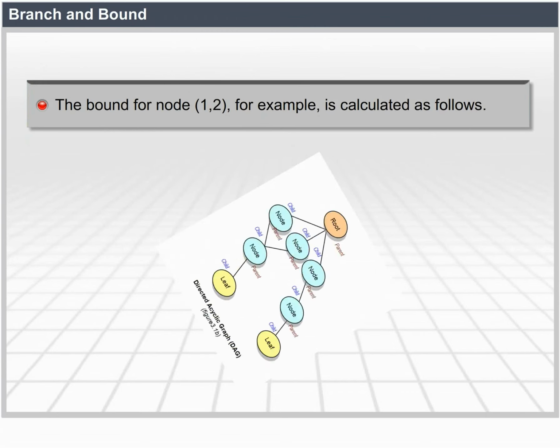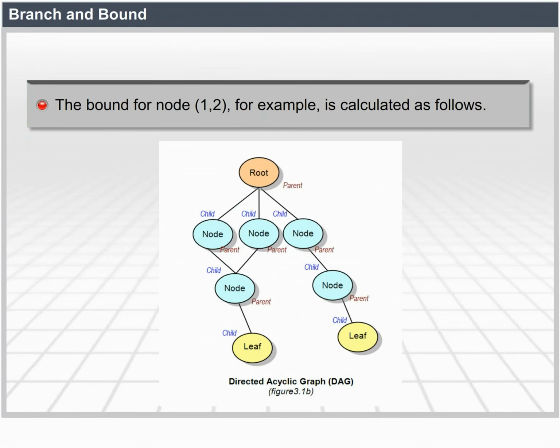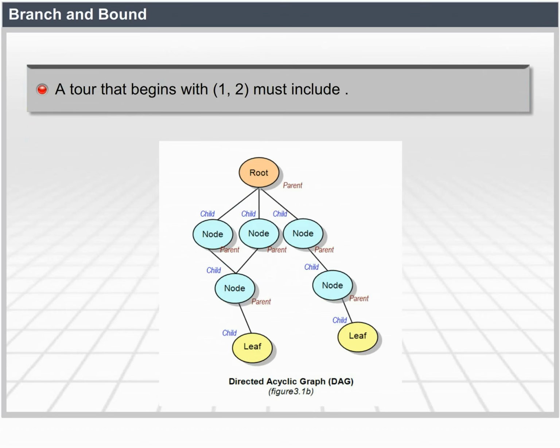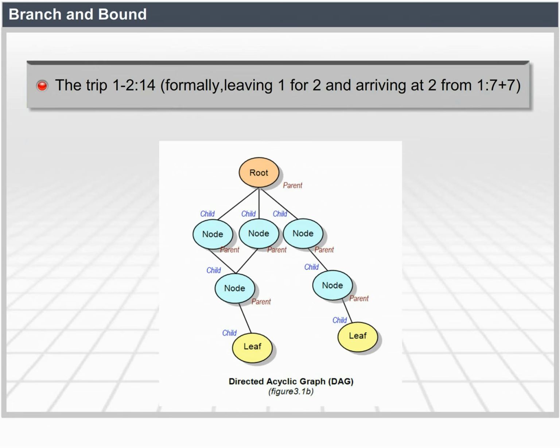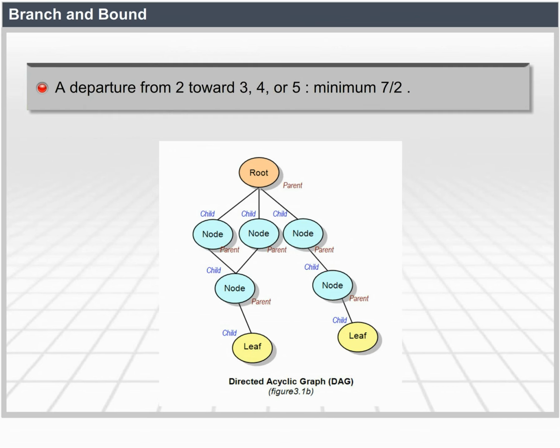The bound for node 1,2, for example, is calculated as follows. A tour that begins with 1,2 must include the trip 1 to 2, 14, formally leaving 1 for 2 and arriving at 2 from 1, 7 plus 7. A departure from 2 toward 3, 4 or 5, minimum 7 by 2.